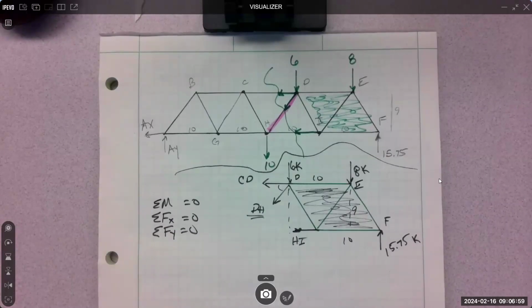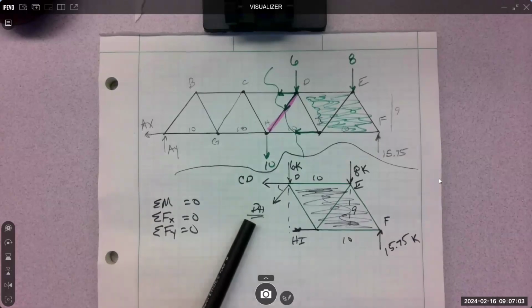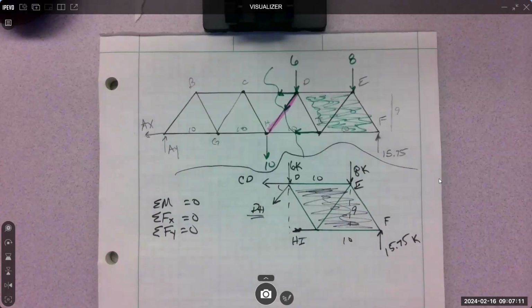Anybody see a quick way to go after DH? Because DH is our target. That's the other thing you want to think about when you're doing these things: what are you looking for? If DH is what we want, how could we get it in the least amount of steps? Excellent.